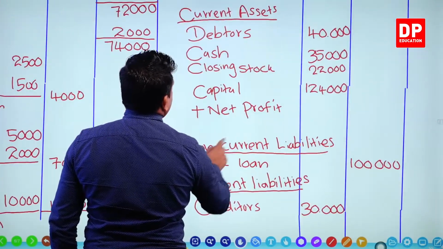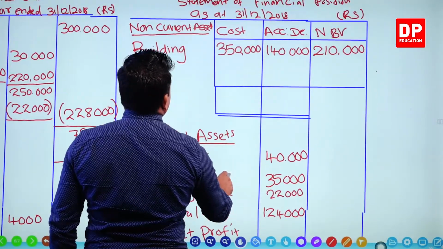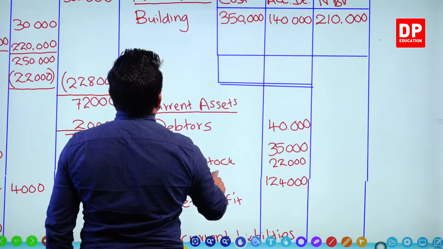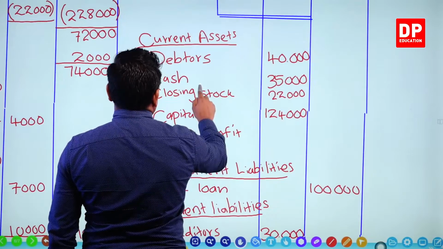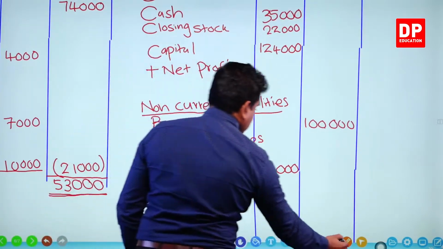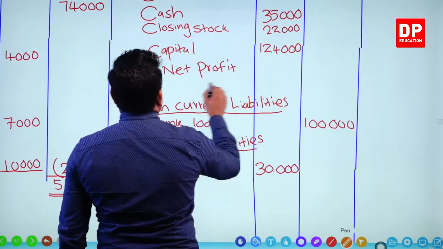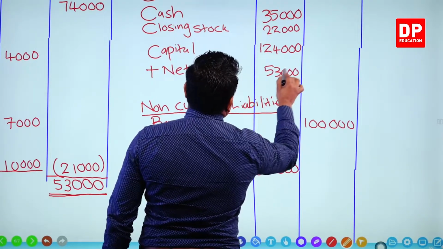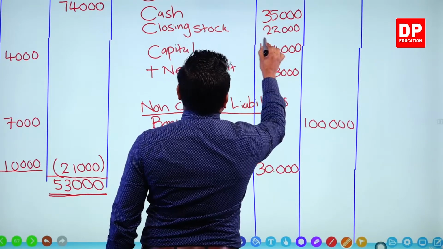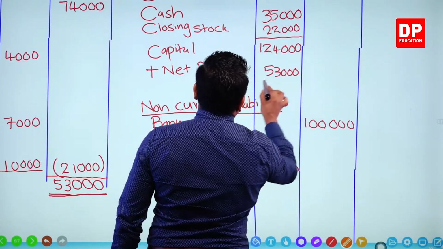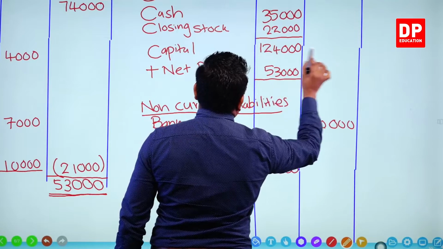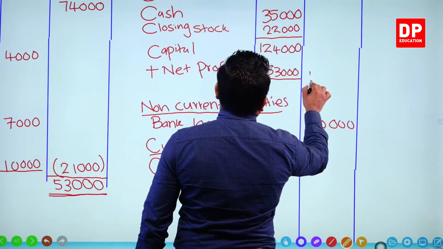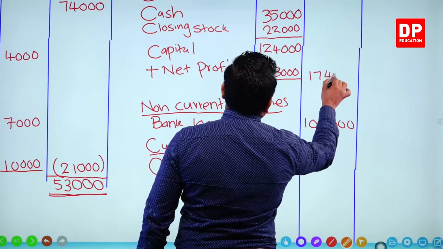Now you move to this net profit. Where we write? Under the capital, you write 53,000. You add here, draw a line and you have to bring the total to the next one. Here 174,000.